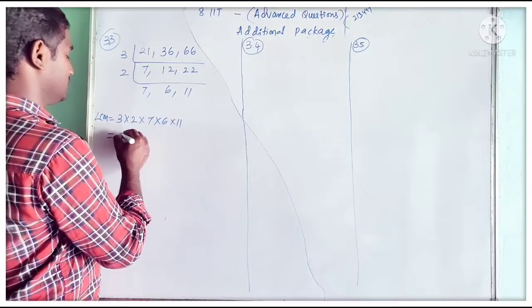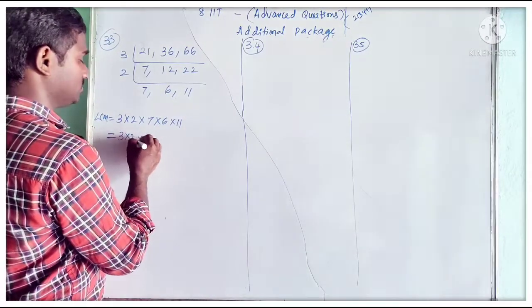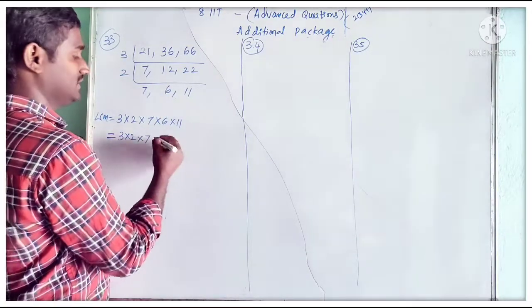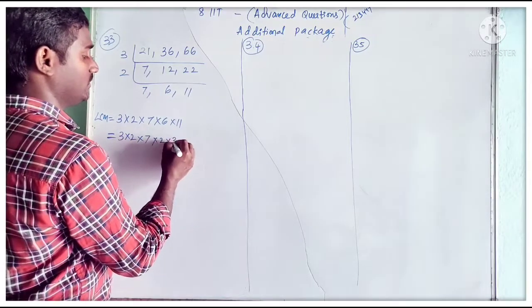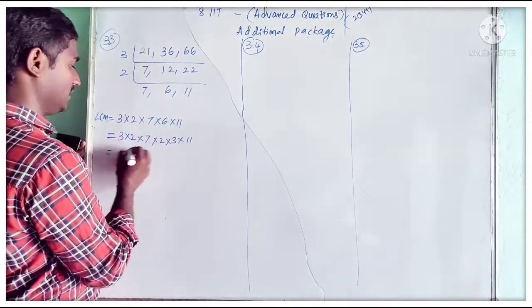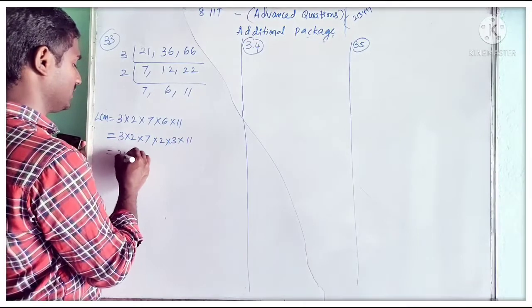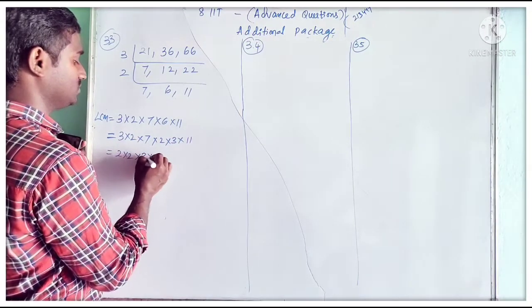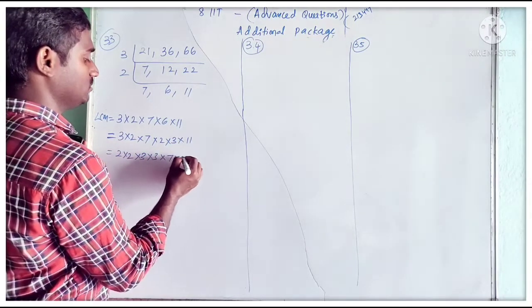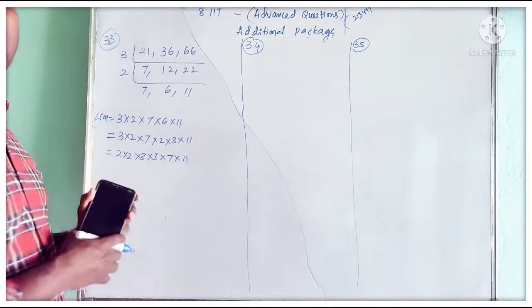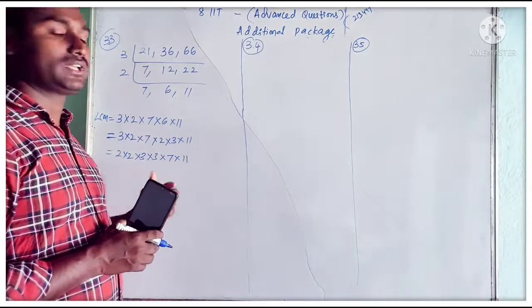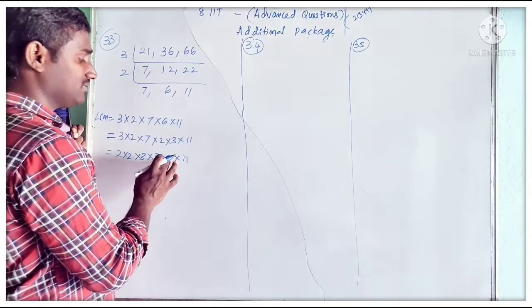Okay, so that is 3 into 2 into 7, we cannot factorize further. 6 we can write as 2 into 3, and 11 you can take, and these two 2s you can write together, and 3 into 3, and 7 into 11. So to make them a perfect square, how many 7s do we have?